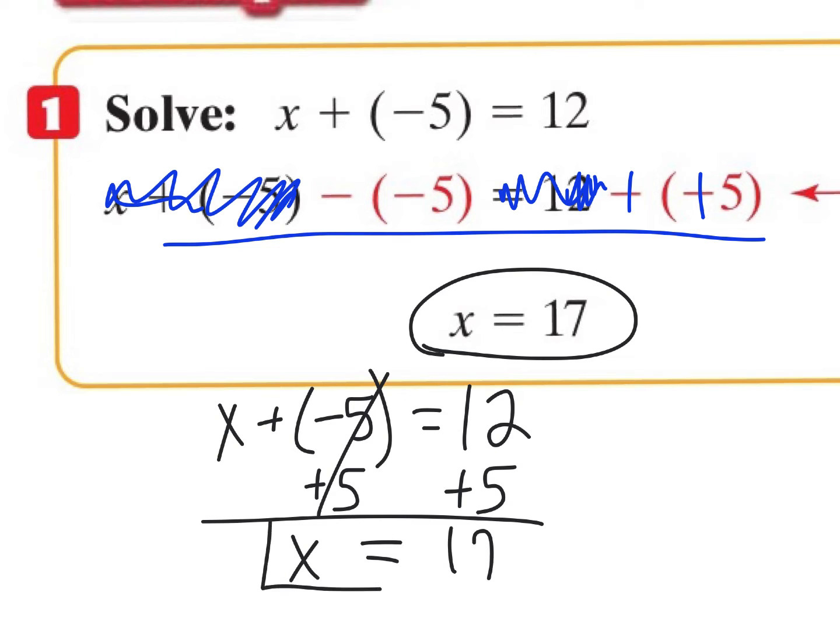And then notice we get the same thing. So whichever way makes more sense to you, if you want to do the opposite operation and add the opposite, or if you want to just say, well, to get rid of a -5, I need to add 5.